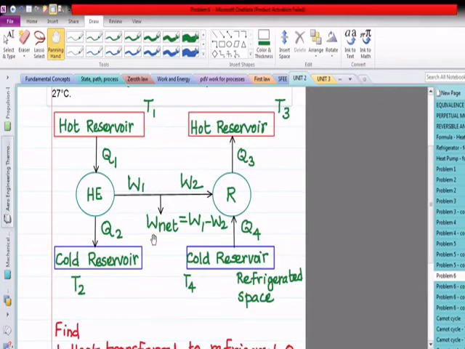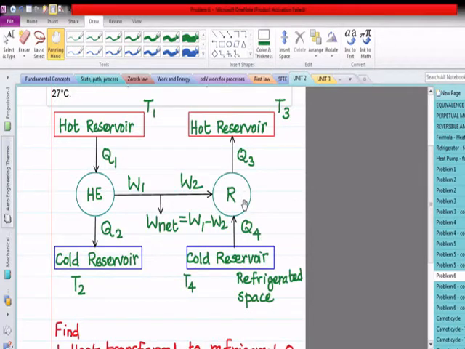So far, we have calculated three parameters associated with the heat engine. In the first step, we calculated the efficiency of the heat engine. In the second step, we calculated the heat transfer Q2, and in the third step, we calculated W1. Two more parameters we need to find are Q3 and Q4. Q3 and Q4 are associated with the refrigerator.